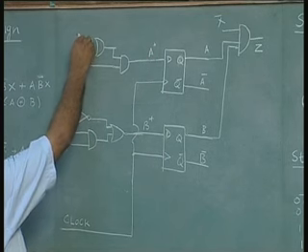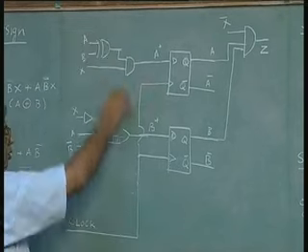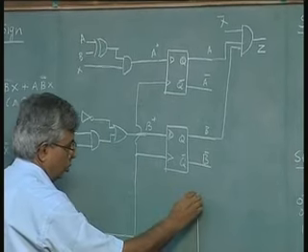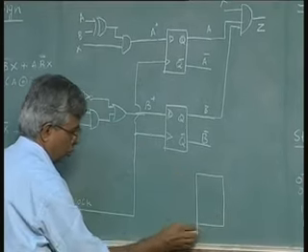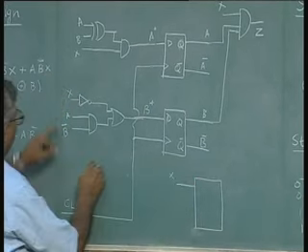The inputs are A, B and x. A, B are the state variables, x is the input variable which is going here.